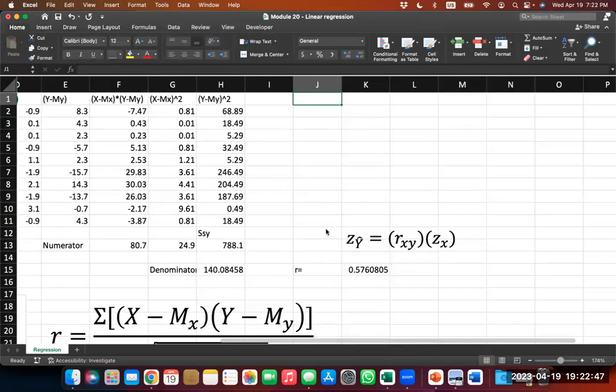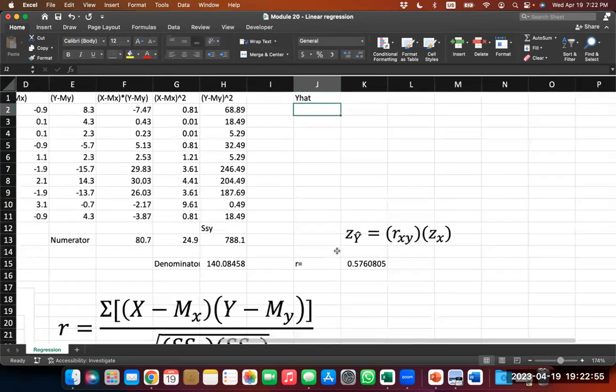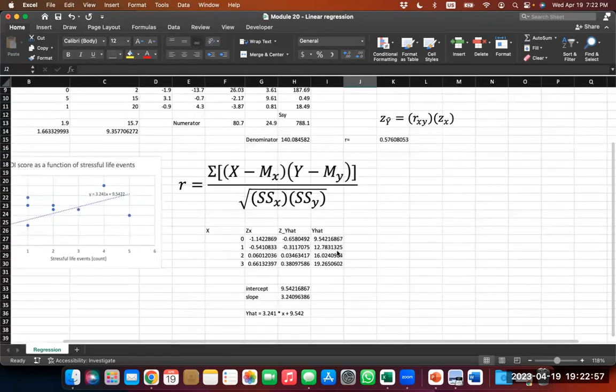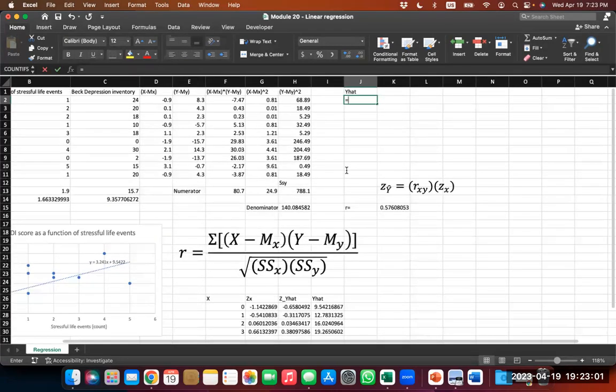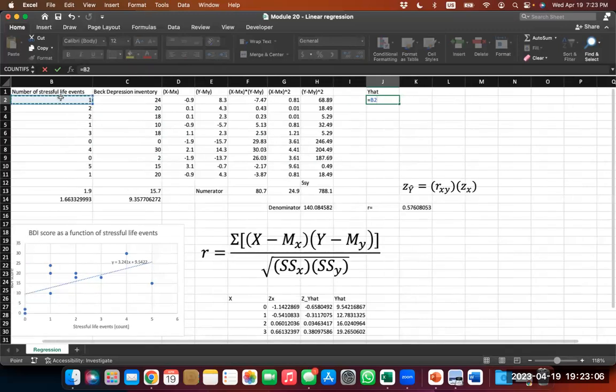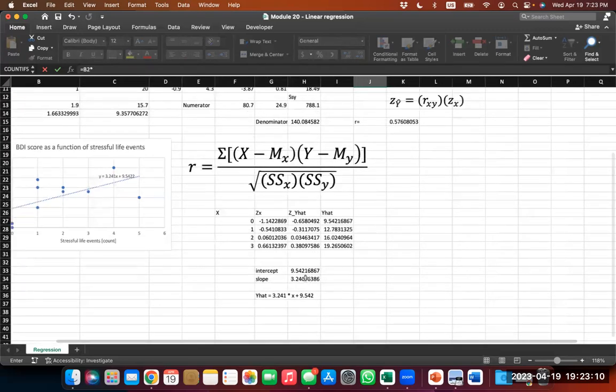For that reason, we just need to calculate y hat, but we need to calculate y hat now for each of our participants. And that we can do quite easily because we know intercept and slope. We just need to calculate our x multiplied with our slope plus the intercept.